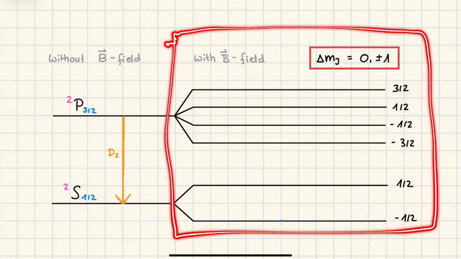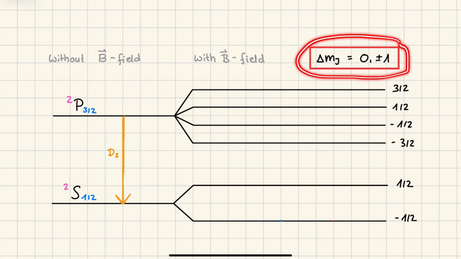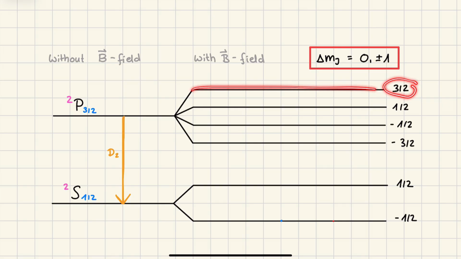But how do we actually know which transitions are allowed? Well, that's where this rule comes into play. For an allowed transition, the difference in Mj has to be either 0 or plus or minus 1. So with that in mind, let's find all the allowed transitions, starting with the highest state, with Mj equals 3/2.